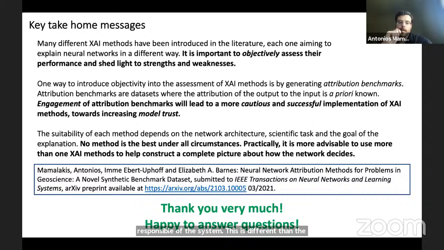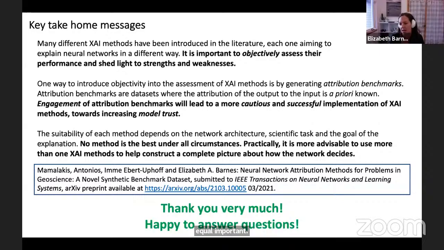Sensitivity is the effect of a change of the input on the output. So these two things are different, but they are equally important. As long as these methods provide exactly what they're supposed to be providing, then all these are equal. Sensitivity and attribution are equally important.